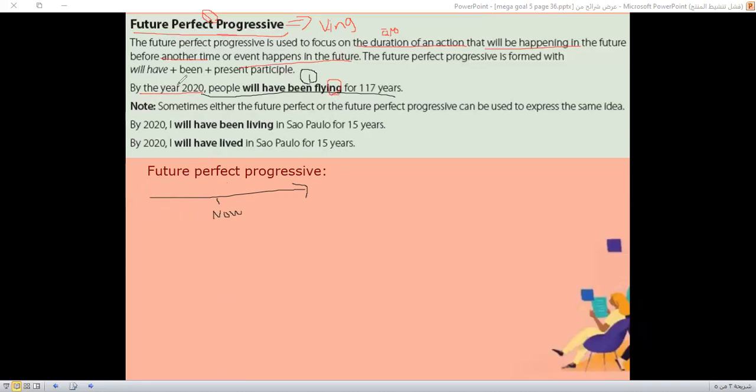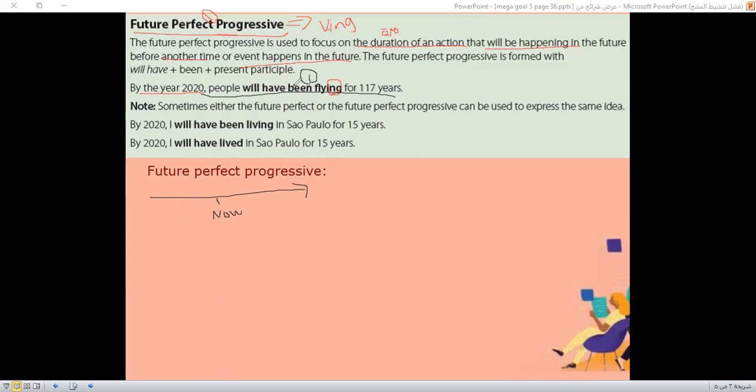Did people, by the year 2020, learn flying or start flying? Is it correct like this? No, it started in the past, right? People have been flying for a very long time in the past.